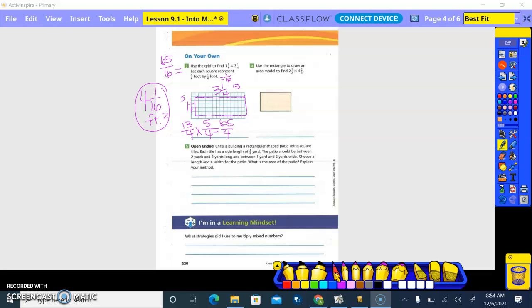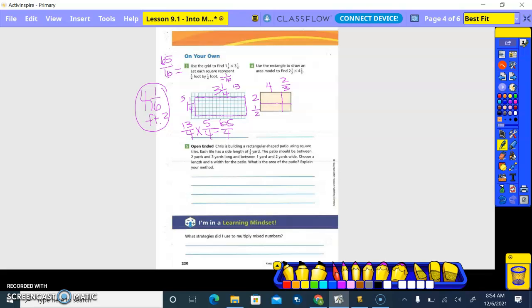Use the rectangle to draw an area model to find 2 1/2 times 4 2/3. So this is where we draw our, okay, and then this would be 4, this would be 2/3. So it basically broke it apart, right? This is 2, this would be 1/2.